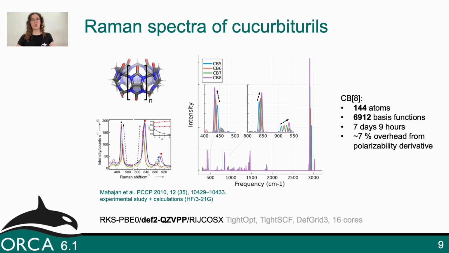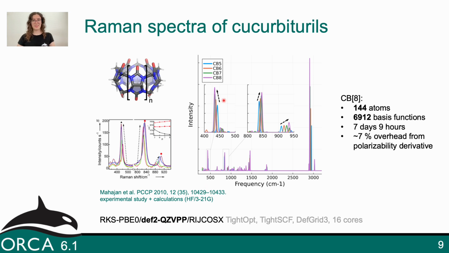They are oligomers of glycoluril, and a while back there was an experimental study where they measured Raman spectra of cucurbituril 5 to 8 and observed some systematic shifts in vibration frequencies. And so I calculated that using the RIJCOSX approximation and going for a relatively big basis set, def2-QZVPP.